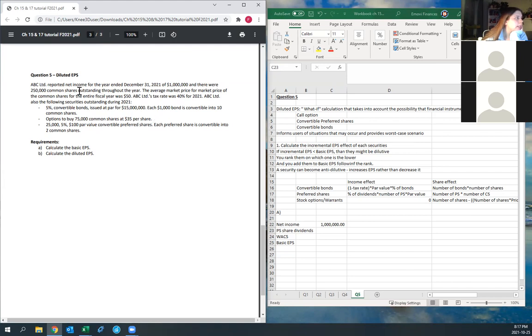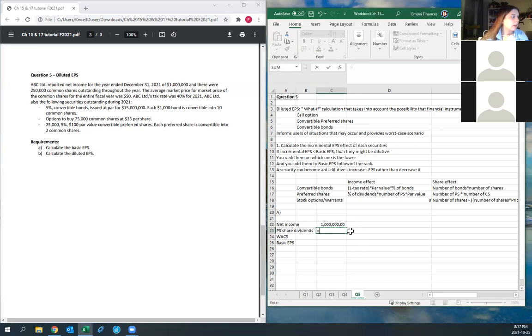Do they say that they're cumulative? Doesn't say anything about whether they're cumulative or not. I'm just going to assume that they are for the purposes of the question, but if they say non-cumulative, here you would pick 0.